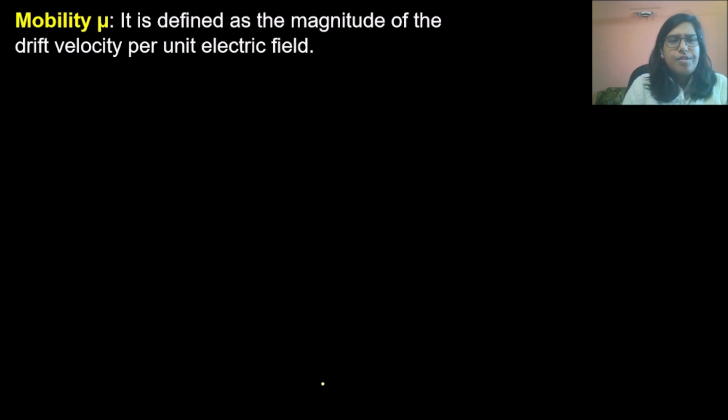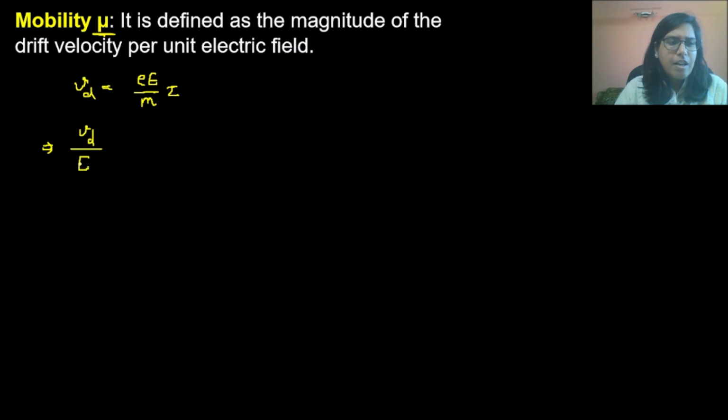Now mobility, what is the mobility? First of all it is denoted by mu, right, and it is defined as the magnitude of the drift velocity per unit electric field. So what was the Vd? Vd was eE by m into tau. Now if we divide Vd by electric field, this will be e by m into tau. The relation was minus with minus.